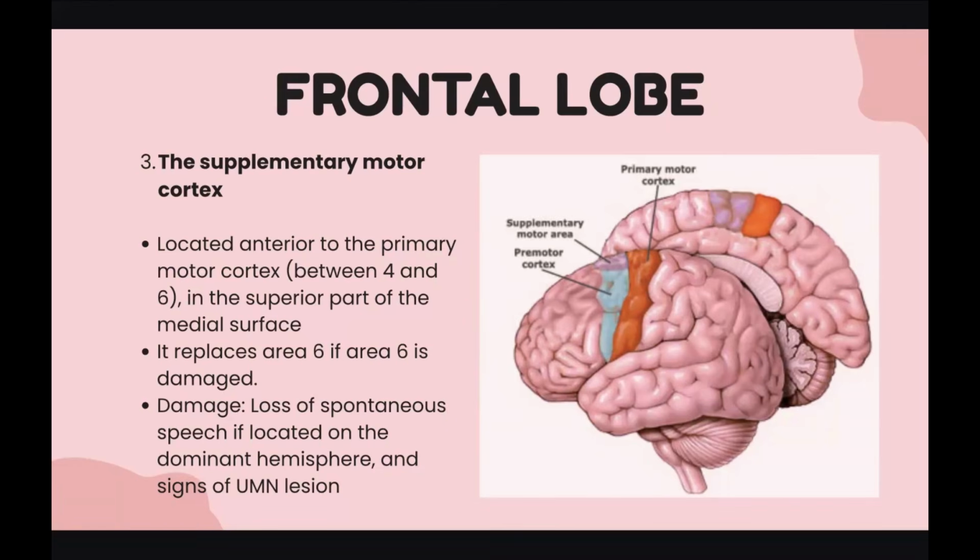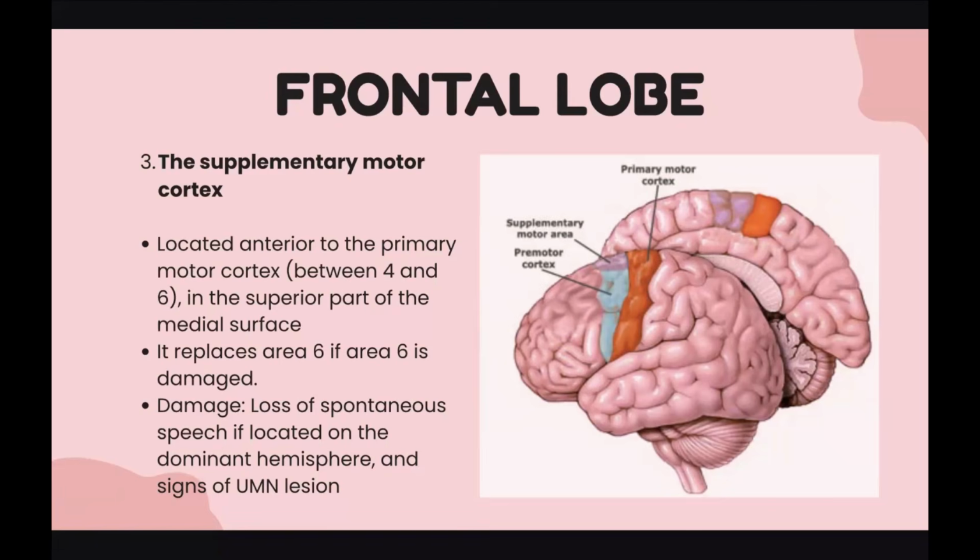And how do we locate a dominant hemisphere? Because the dominant hemisphere is not the same for all people. It's determined depending on the location of the Wernicke's area and the Broca's area. We'll be talking more about these later on. But if the Wernicke's and Broca's area exist, let's say in a patient's right hemisphere, that means this is their dominant hemisphere.